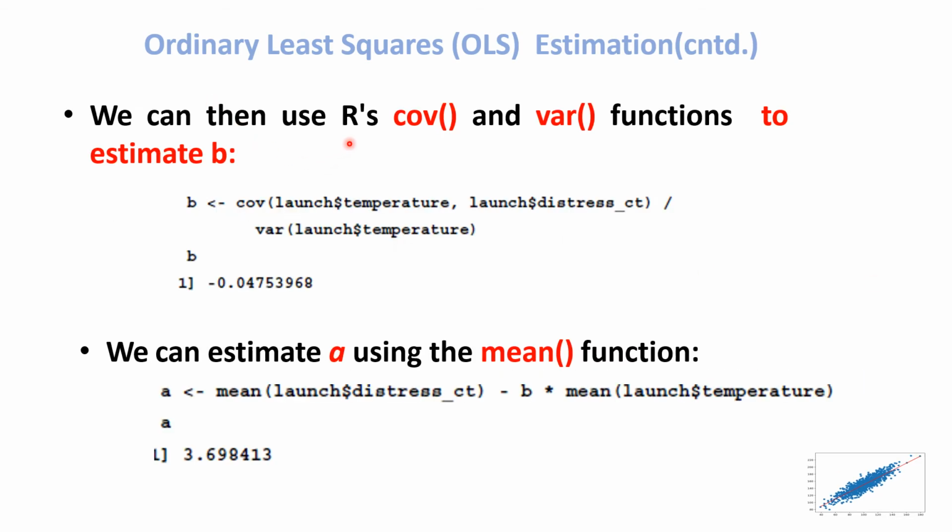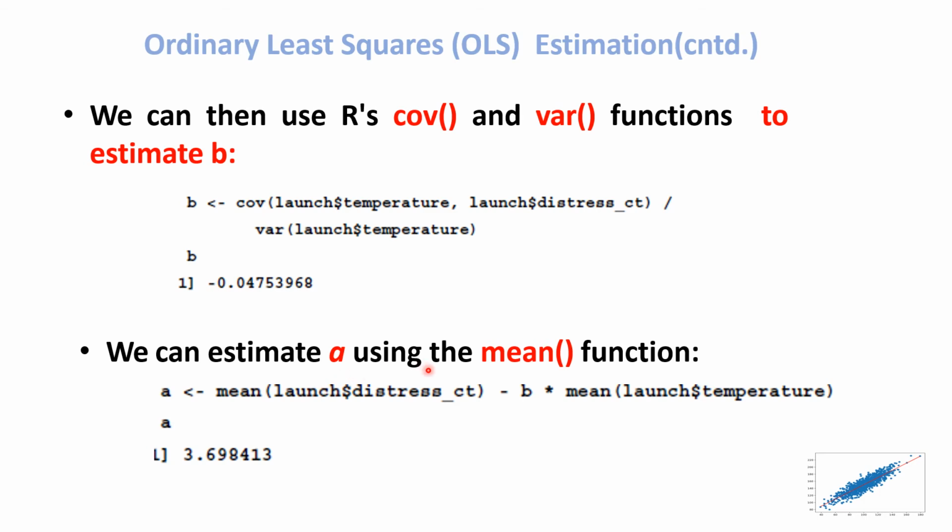In R, we can directly obtain the covariance and variance easily by using the covariance function and variance function. Just give cov of the attributes divided by variance of that particular attribute. That is the value of B. Then once we obtain the value of B, we can easily obtain the value of A by using the mean function.